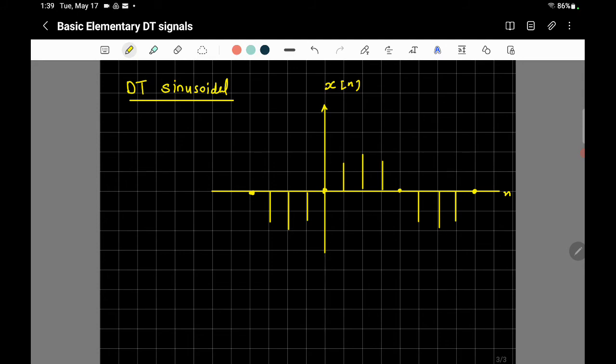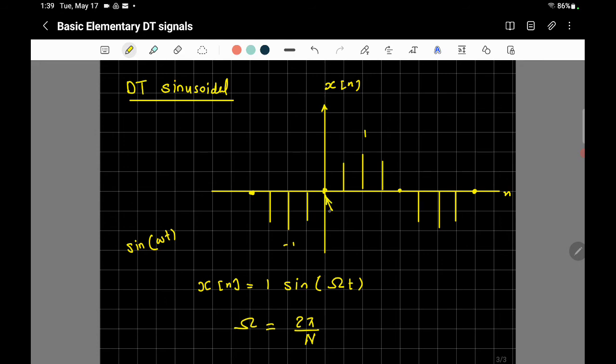How do we express it? To express it, you just write x of n, the amplitude is equal to 1 at maximum, so it's 1, and then sine. If you remember the continuous one, it was sine omega t. That will be the same, but we want to distinguish between both, so we'll use capital Omega, and Omega will be the same thing, 2 pi over the period, but here we're going to call it N. You're asking what N is here.